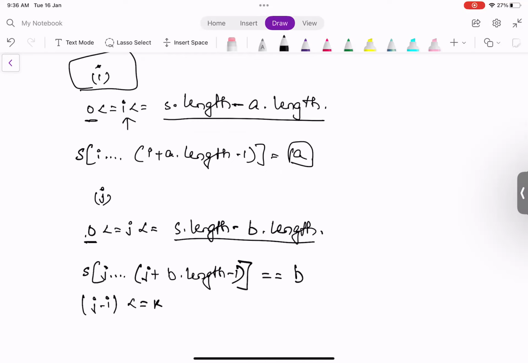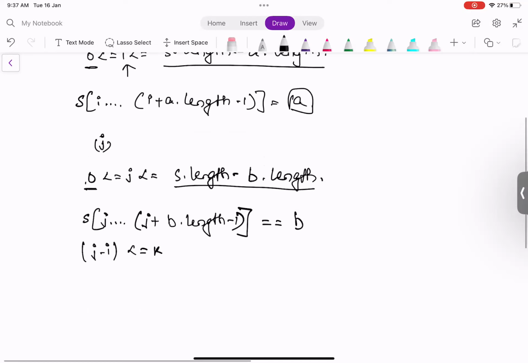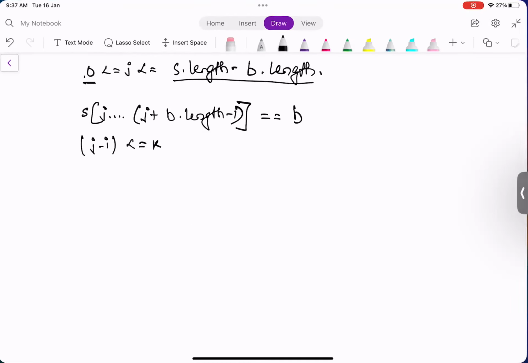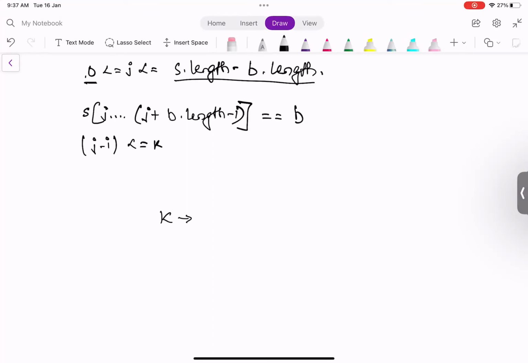Looking at the constraints of the question, k will be in the range of 1 to 5 times 10 to the power 5. It is also given that k will be less than or equal to S.length.